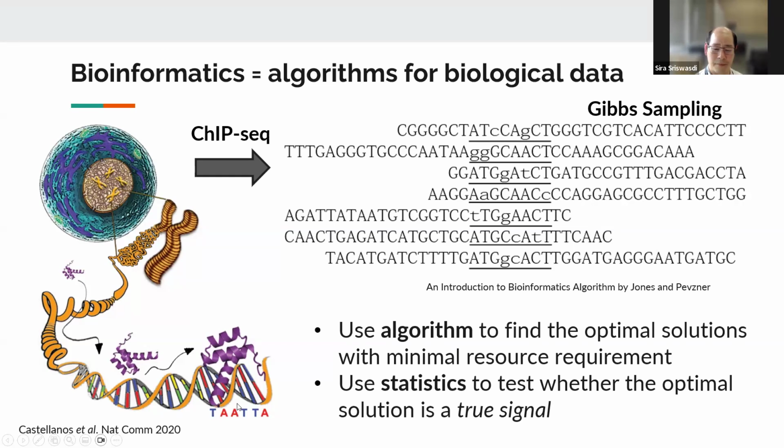There must be some experiment that gets the data and some algorithms that analyze the data and tell us that wherever the protein or the transcription factor binds, it has to be a TAATTA motif. That information must come from some kind of sequencing technology, followed by some bioinformatics analysis.